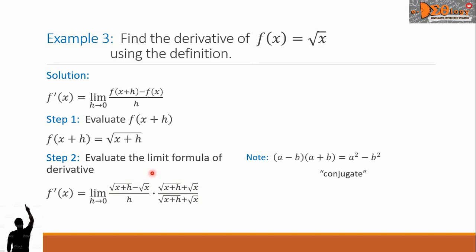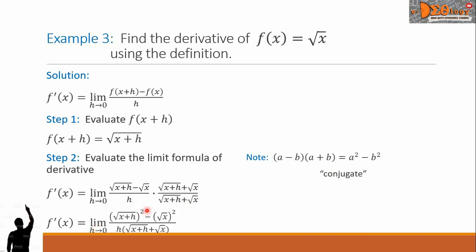When we multiply now these two big fractions, in the numerator, we're going to apply our special product formula. While in the denominator, we will simply put together the two denominators. So it will be like this.